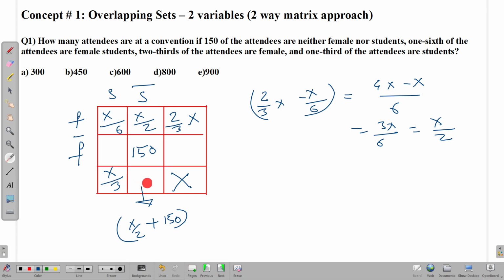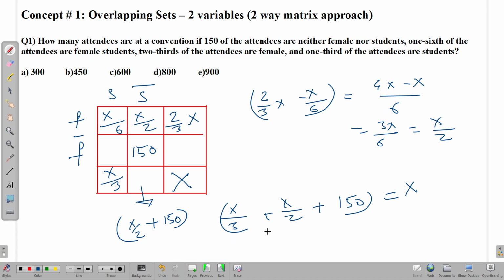Whether I sum on the horizontal or on the vertical, on the row or on the column, I will get to my total cell, right? So what do I have? Is equal to x, right?